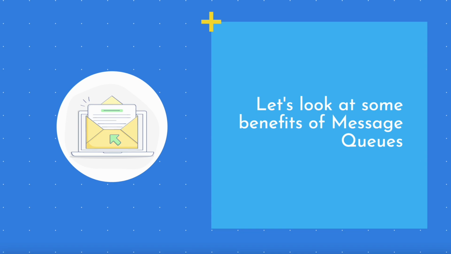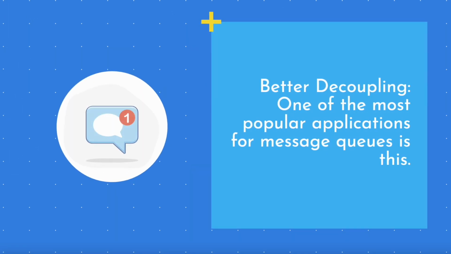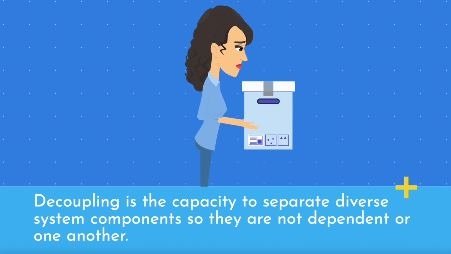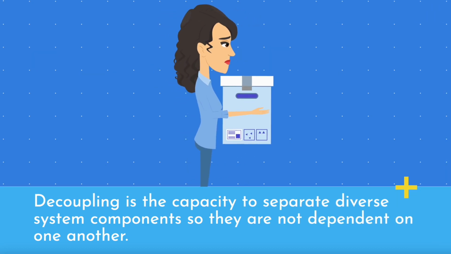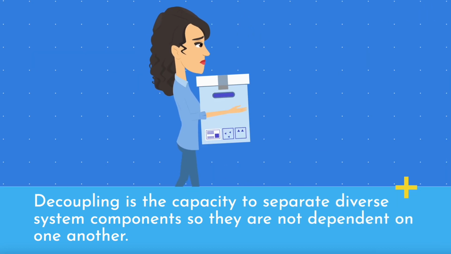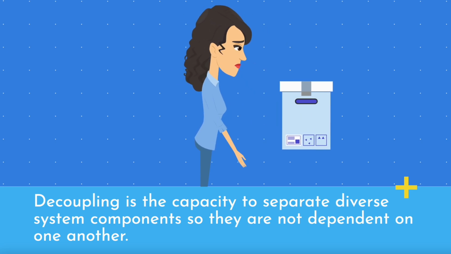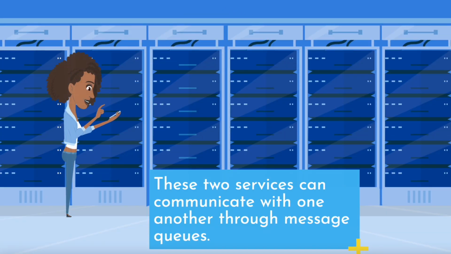Let's look at some benefits of message queues. Better decoupling. One of the most popular applications for message queues is this. Decoupling is the capacity to separate diverse system components so they are not dependent on one another. These two services can communicate with one another through message queues.